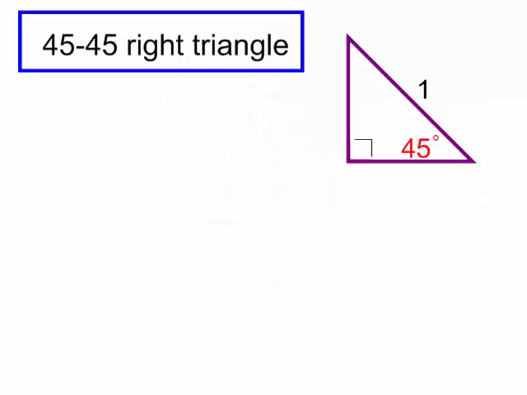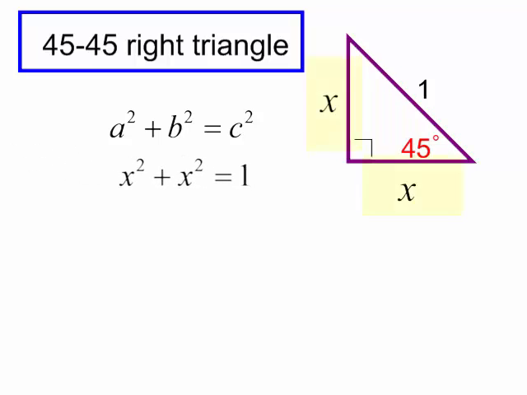The 45-45 right triangle. Once again, we are using a hypotenuse of 1 because we will be using this triangle to help us in our unit circle. Now, in a 45-45, if the angles are congruent, then the sides opposite them are also congruent. Remember, a squared plus b squared equal to the hypotenuse squared.